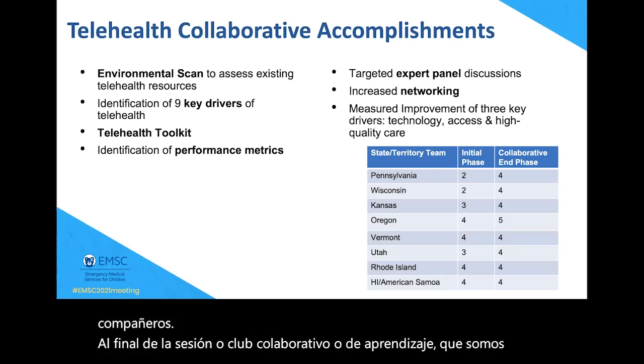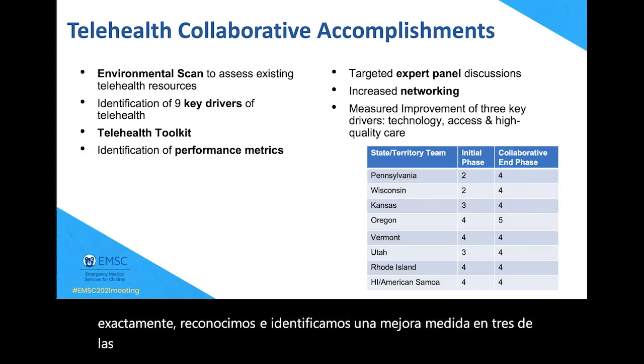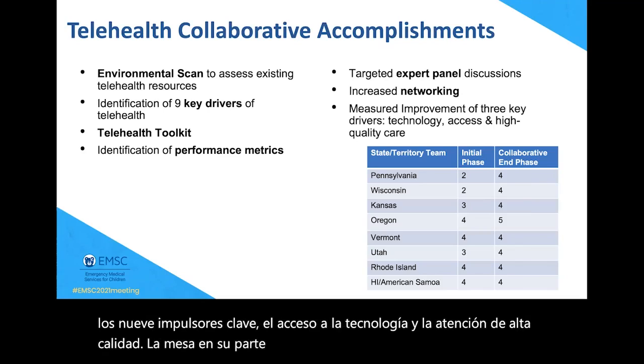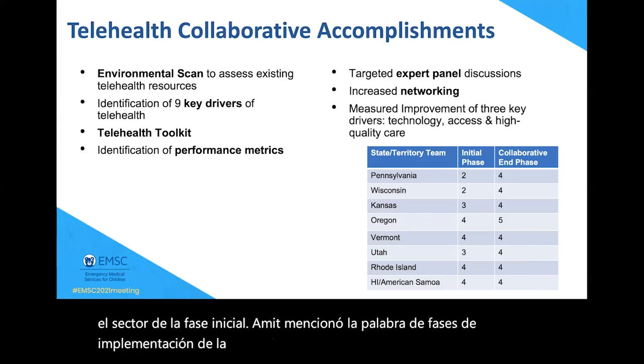At the end of the collaborative, we did acknowledge and identify measured improvement in 3 of the 9 key drivers: technology, access, and high quality of care. The table at the bottom of your screen shows the initial phase. Dr. Remick mentioned the phases of implementation in a collaborative. So you can see many of the teams started out from phase 2 to phase 4.